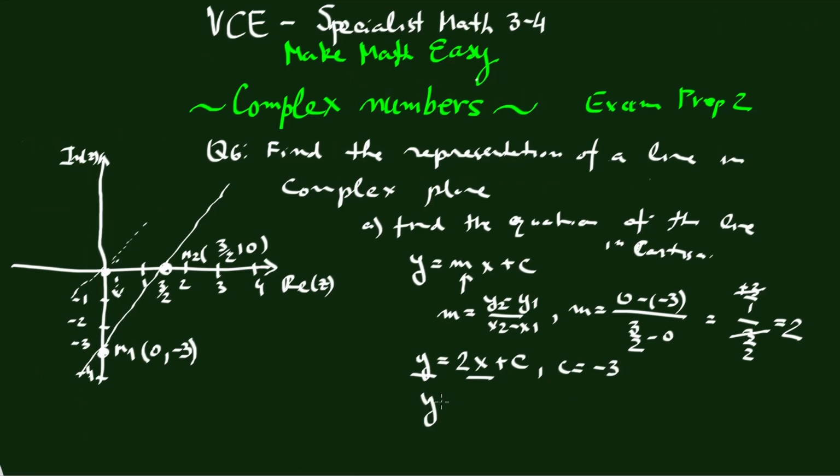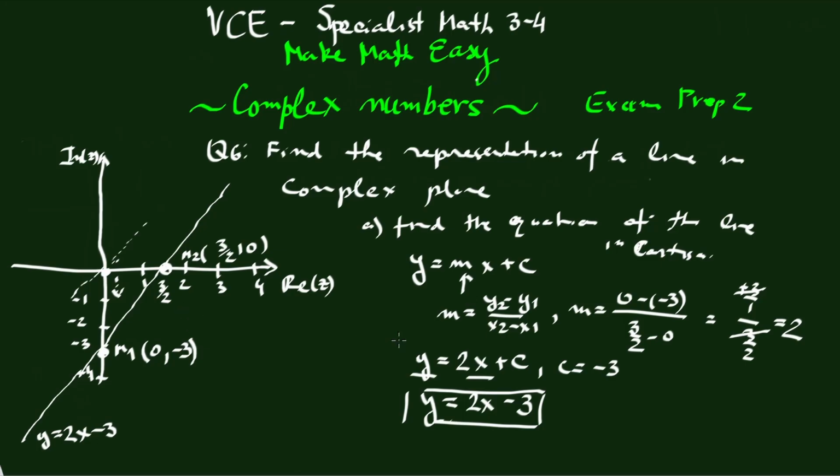So the equation of the line becomes y equals 2x minus 3. That's our equation of the line. So we got the equation of the line. This line is y equals 2x minus 3. So it's in Cartesian, but we want it in the complex plane.